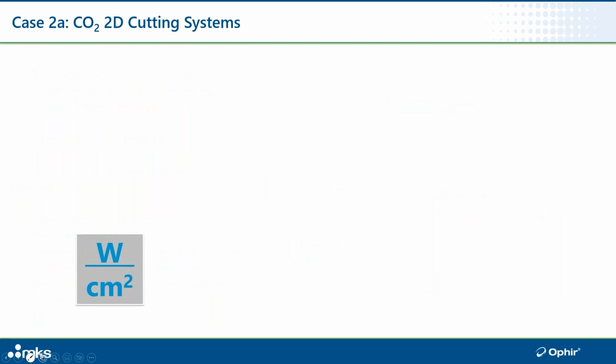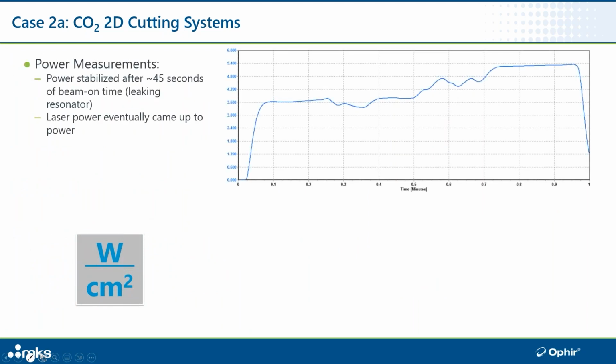Again, we're talking about power density. We're talking about the amount of laser light versus what the beam shape is doing. All right, so we took some power measurements, and you can clearly see that there was a ramp up, there was a stabilization, and then power was just fluctuating all over the place until about 45 seconds later or so, it finally came up to the 5 kilowatts that was expected.